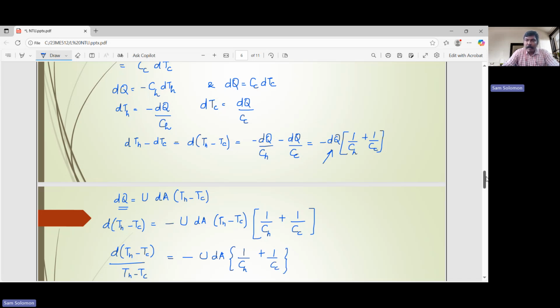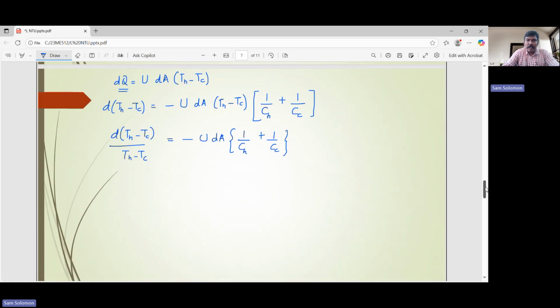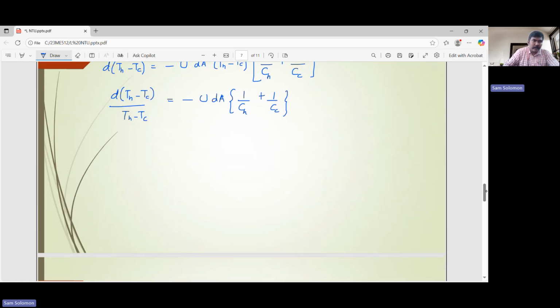Now I can integrate on both sides over the entire heat exchanger. So here I would get ln of (TH minus TC) between the entry and the exit, which we usually write as 1 to 2. So ln of (TH minus TC) is what we get out of this integration.